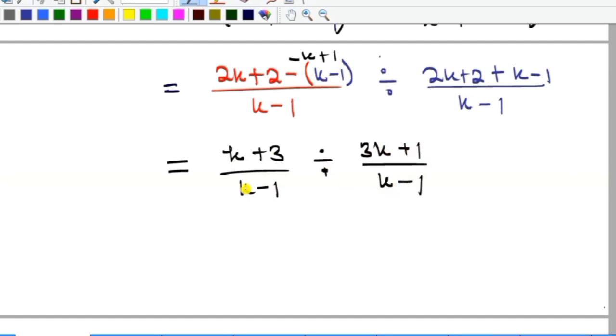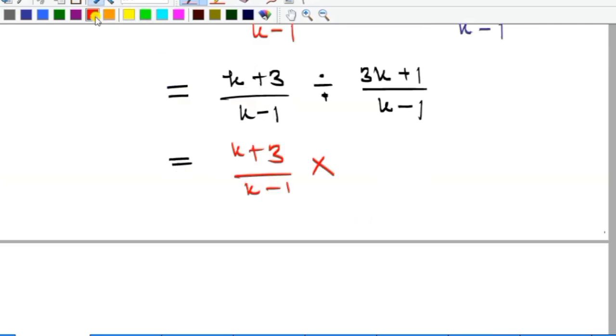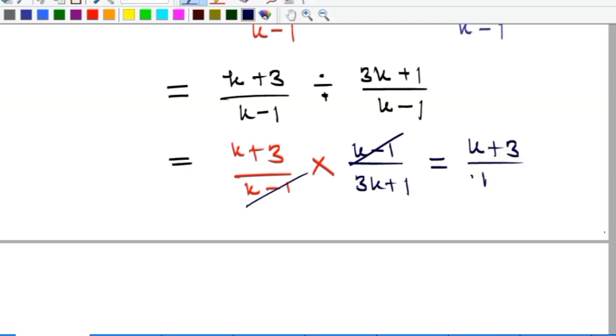And of course, we know from fractions that if we want to change the division to multiplication, something will happen to the fraction that is following. We will have the inverse of the fraction. So this is now going to become k minus 1 all over 3k plus 1. And then at this point, this k minus 1 will cancel k minus 1. And the solution to that problem is k plus 3 all over 3k plus 1.